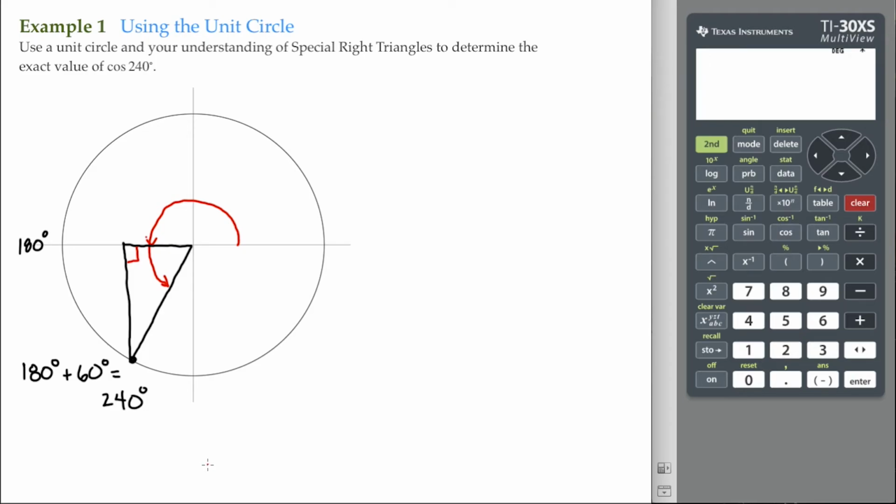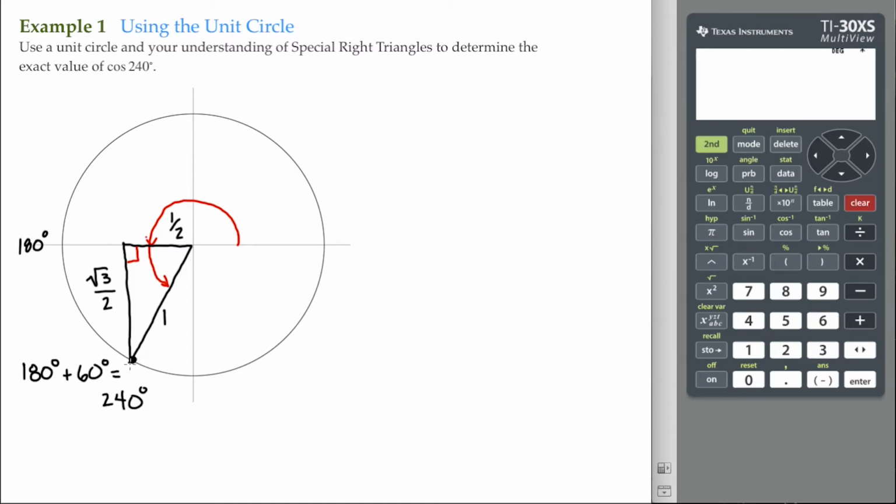So since we know the pattern of a 30, 60, 90 right triangle, if this is 1 unit in length, then this length right here has to be 1/2. And then this length right here, again using the pattern of a 30, 60, 90, has got to be the square root of 3 over 2.